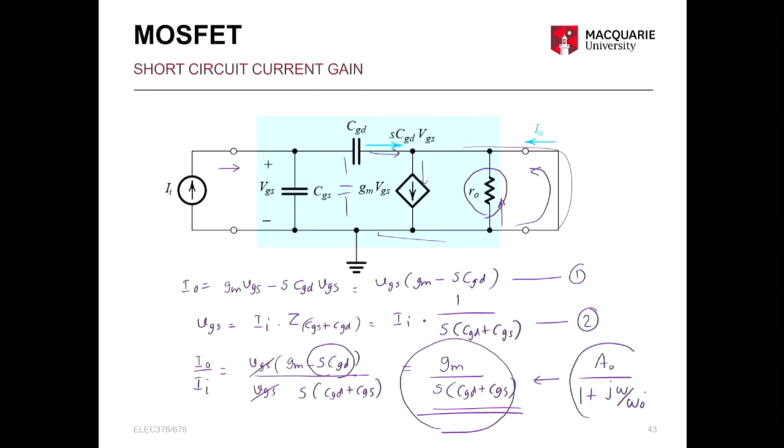Because if the equation was like that, there would be a definite breakpoint, so it's more appropriate to talk about the 3 dB breakpoint. Here, it is always decreasing like that, so there is no definite breakpoint per se. So we will talk about unity gain bandwidth and unity gain frequency.